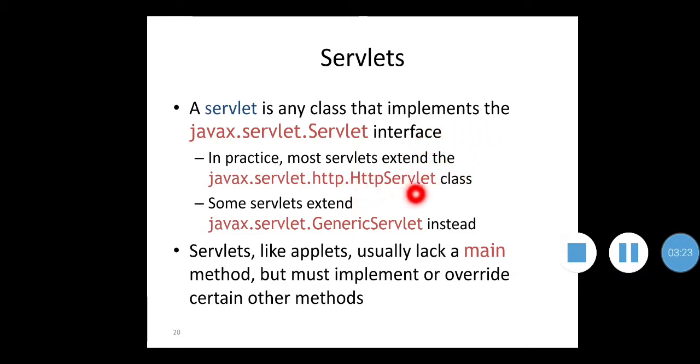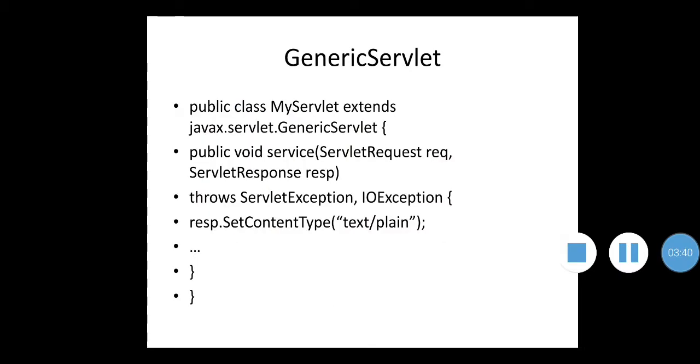One is HttpServlet and another one is GenericServlet. As with applets, servlets also lack a main method. This is what GenericServlet does. So when we are using GenericServlet, we have to extend our own class to the GenericServlet class.